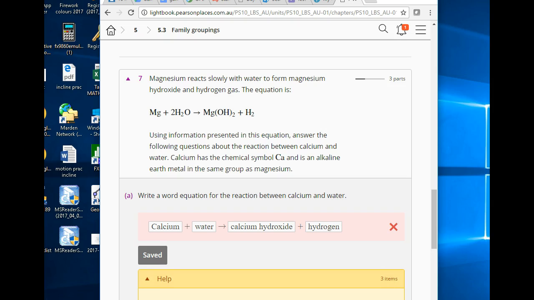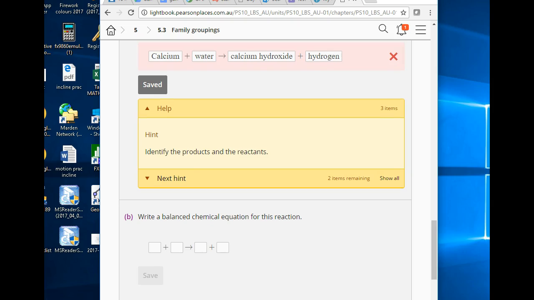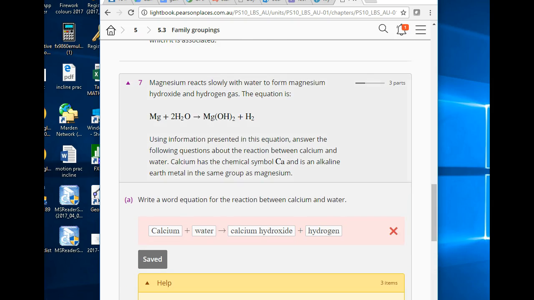I don't think there's anything wrong with it. So, next hint. So when it says the products are written on the right-hand side, calcium hydroxide and hydrogen are products, have I misread the question?